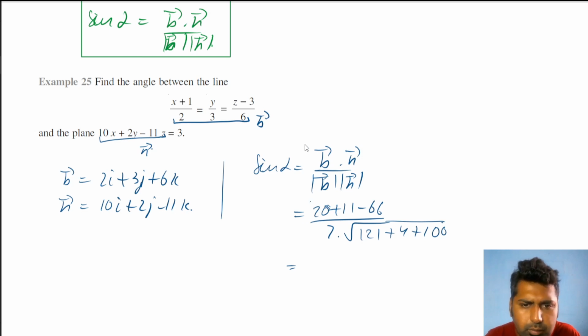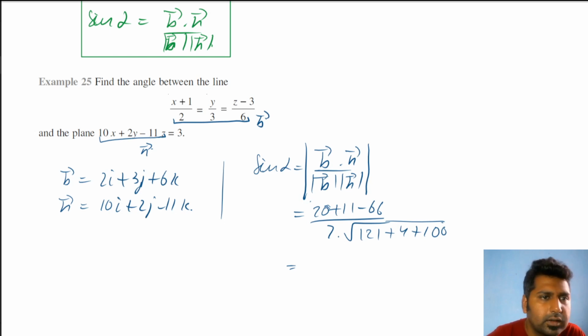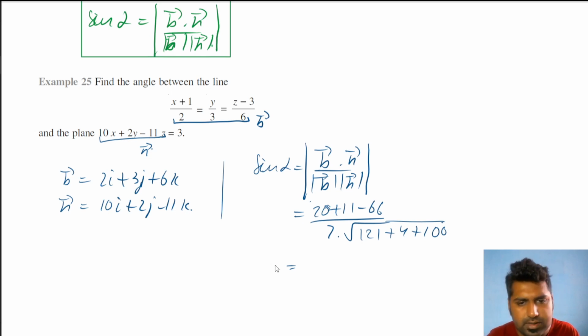And this is again in mod. I forgot to put the mod, reason being, we'll calculate the acute angle only, so we'll make sure that the dot product comes out effectively positive.